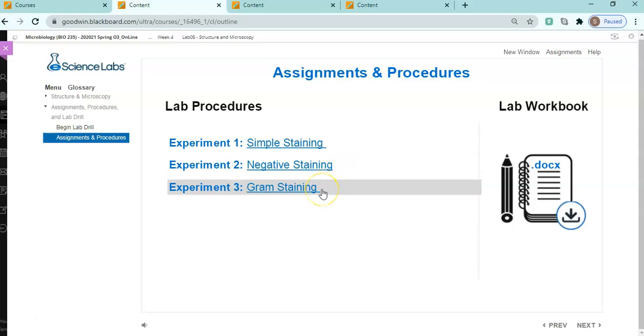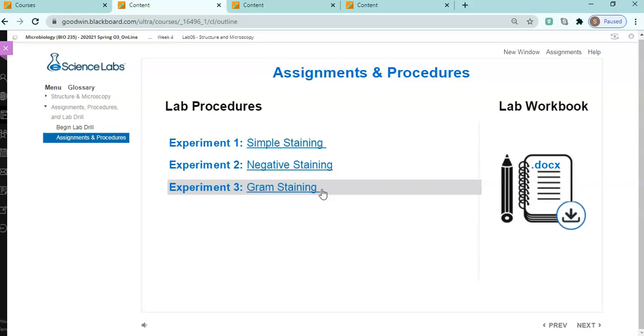And then the gram staining stains based on differences in the microbial cell wall. Gram positives stain differently from gram negatives because gram negatives have much less peptidoglycan in their cell walls. Peptidoglycan is the key agent that comprises the gram positive versus gram negative cell walls.